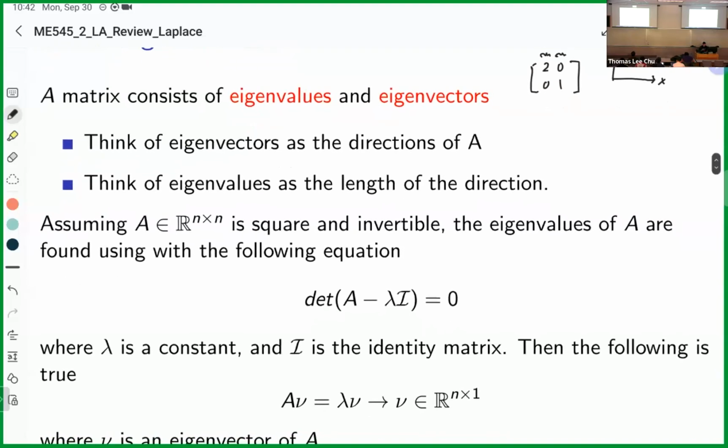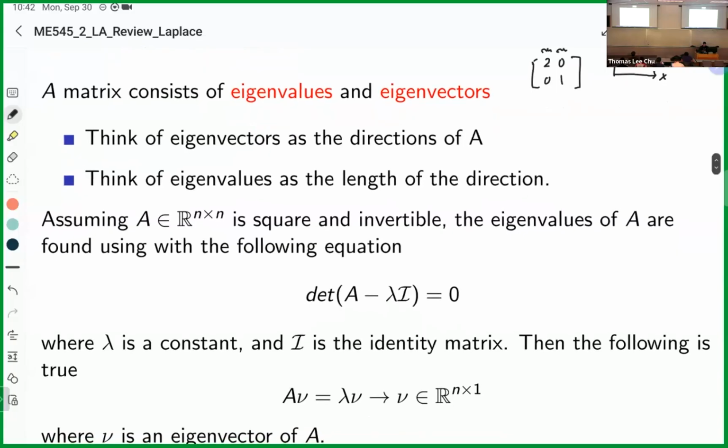Assuming, and this is just math notation, A is in the set of n by n, meaning it has n by n dimensions and it's square and invertible, then the eigenvalues of A are found using the following equation, where we take the determinant of A minus lambda I is equal to 0.